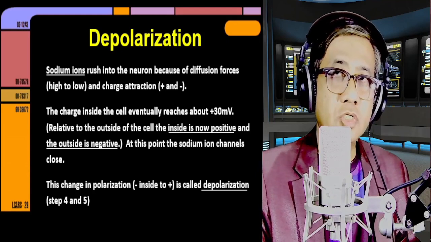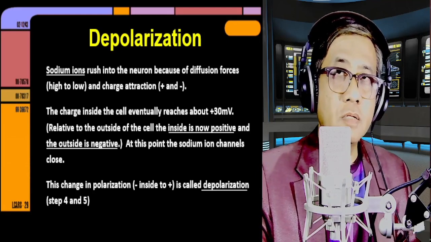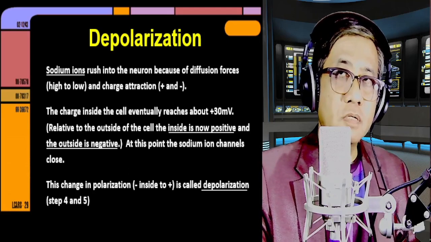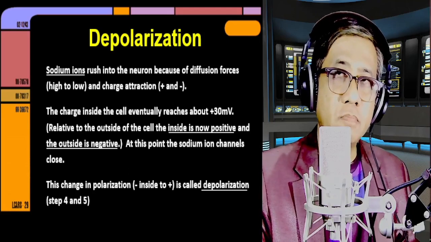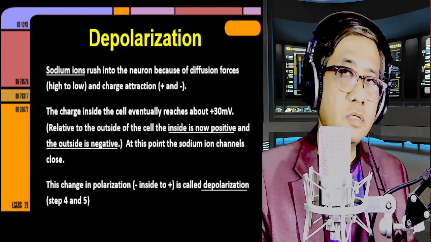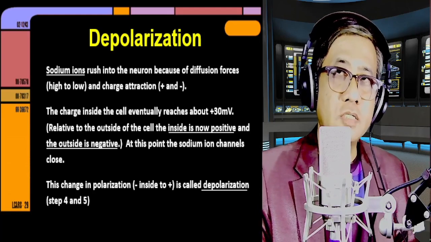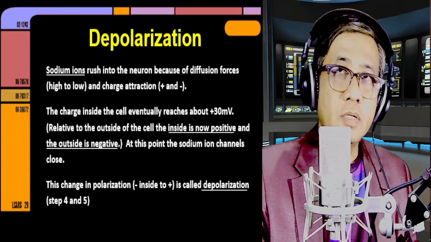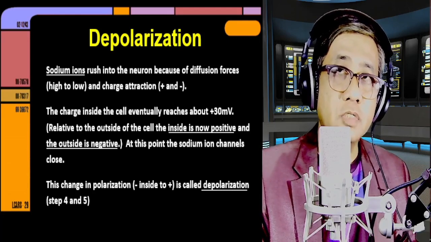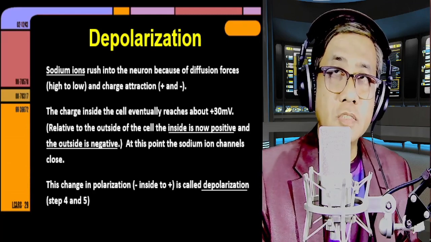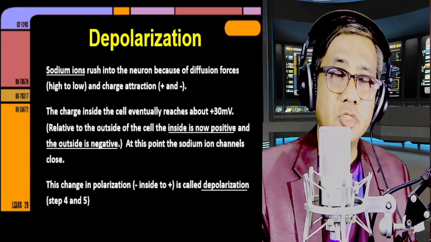So this change in polarization, wherein the inside of the cell becomes positively charged and the outside of the cell becomes negatively charged, is called depolarization. So remember, in resting membrane potential, the outside of the cell is positively charged while the inside of the cell is negatively charged.